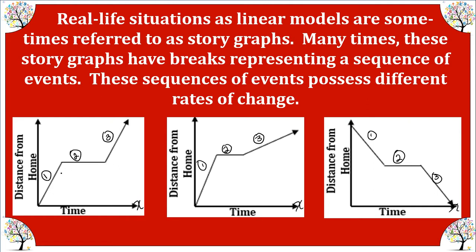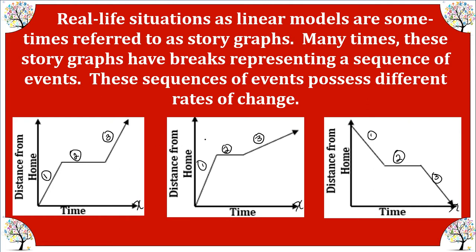The one thing we're going to be looking at is the rates of change at each interval. You can see that interval 1 and interval 3 are pretty much the same, but interval 2 has a slope of 0, so they just stopped and took a break.